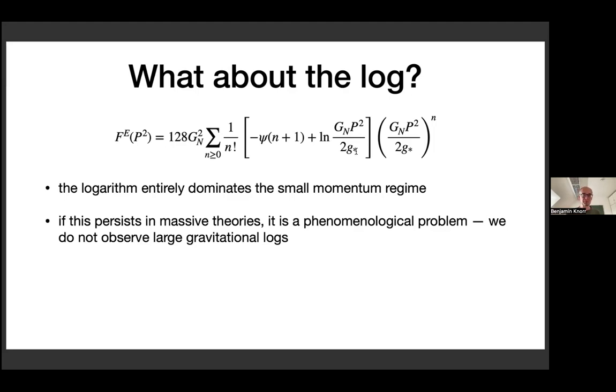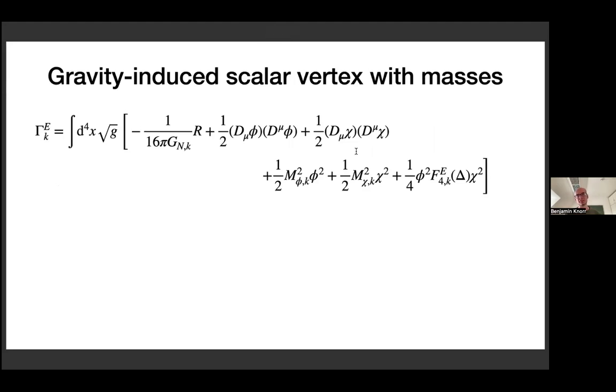Good. So for this, let me now introduce mass terms into the whole setting. So I basically repeat the same analysis. The things that I'm changing are I introduce mass terms, so I'm breaking shift symmetry, which also allows me to look at a somewhat simpler form factor here. So it's really just a phi squared and a chi squared and a different form factor F4. But otherwise, completely same setup, completely same flow, completely same approximations.